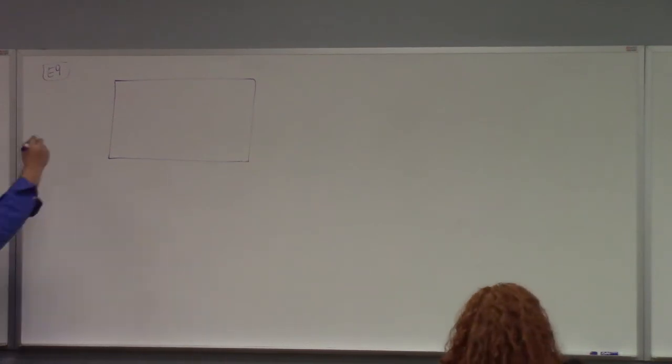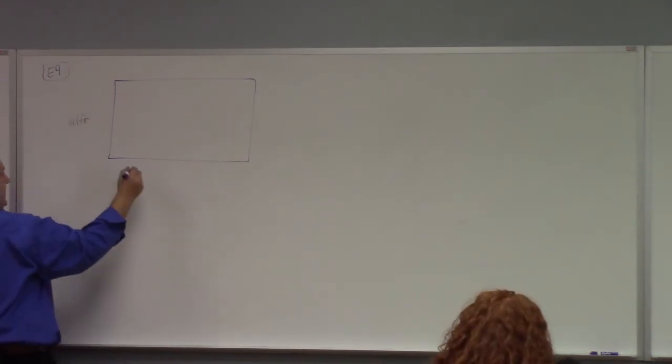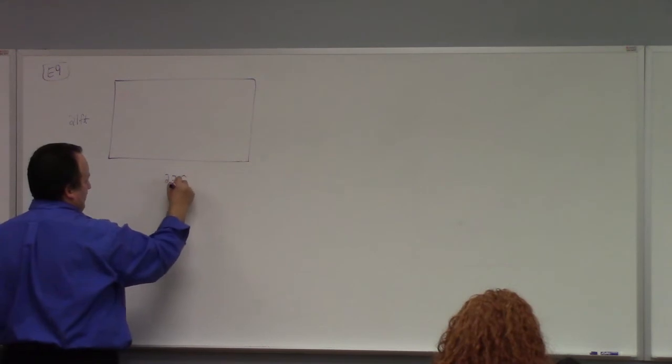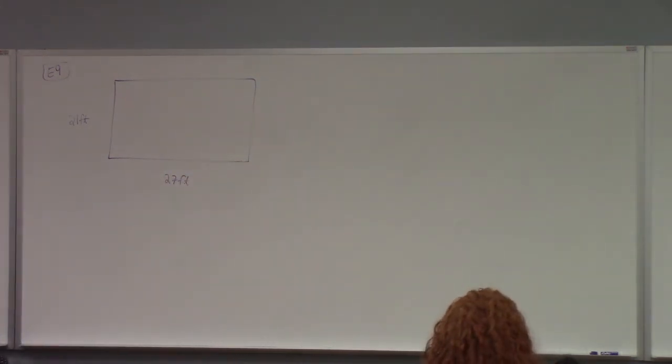The room has a certain length and width, and I'll use the numbers in my homework here. I got 21 foot, and down here, 27 foot, all right? 21 by 27.